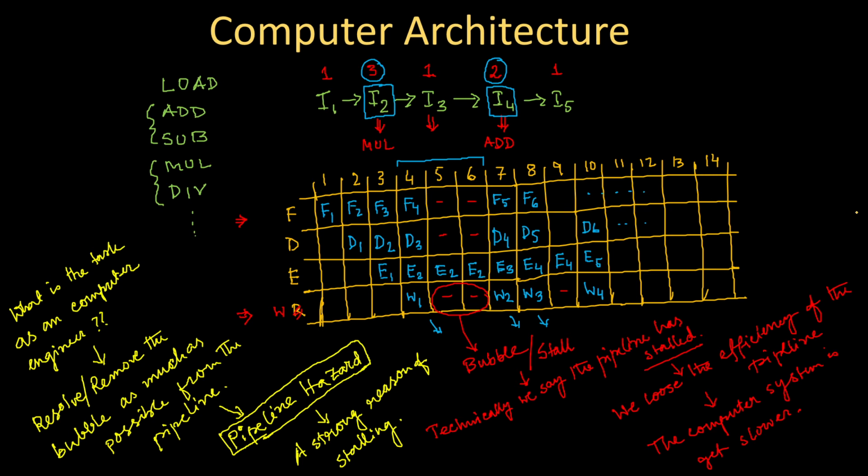So last day we have discussed the strategy of using pipeline for various instructions in a situation, and we have seen the concept of stalling, which is basically the reason of pipeline hazard.